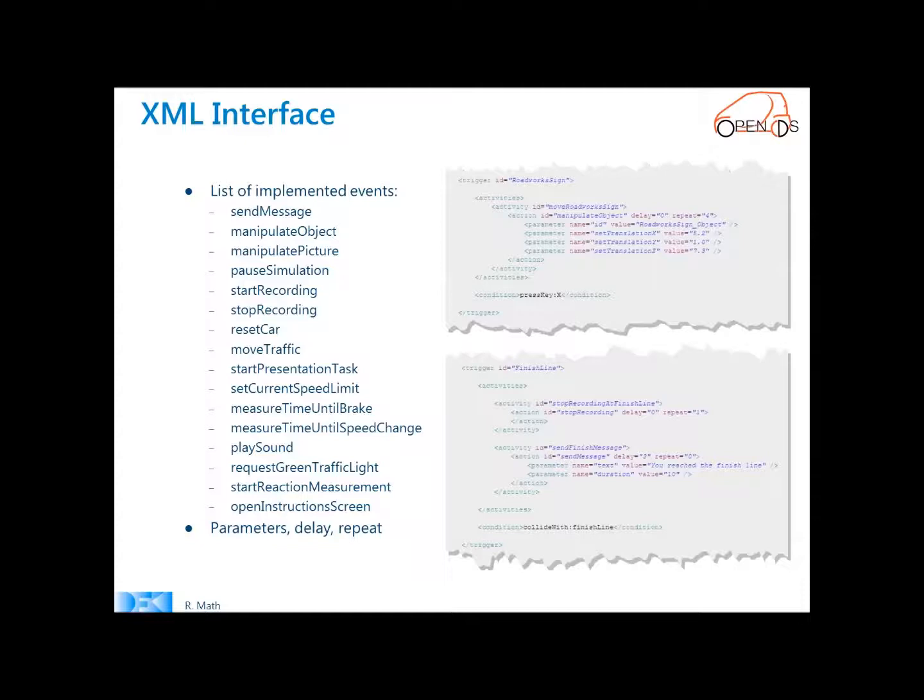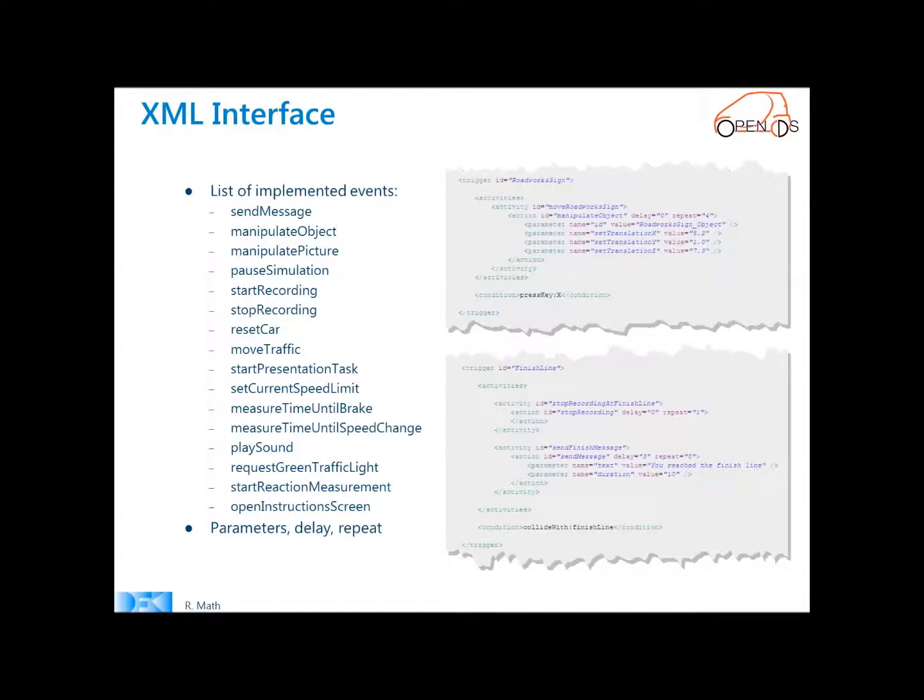Then you could show maybe an instruction screen. You can make objects appear. This would be the manipulate object event. You can show pictures on the screen, maybe a map for navigation or something like that. You can of course start or stop the recording for your analyzer. The reset car event would be used for placing traffic anywhere.